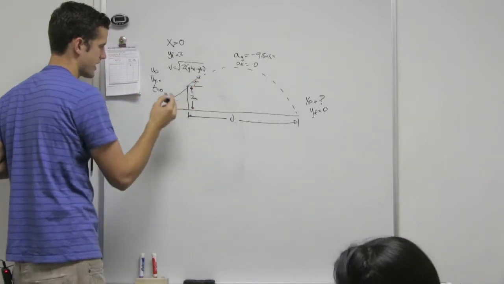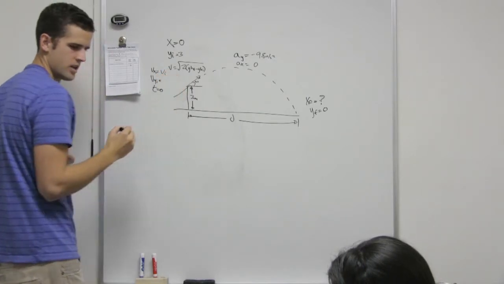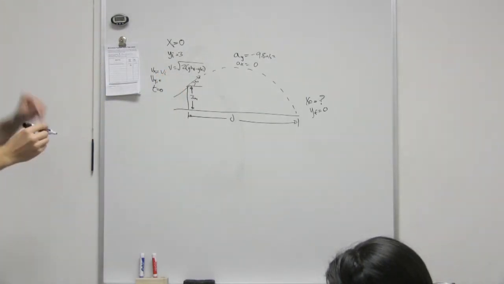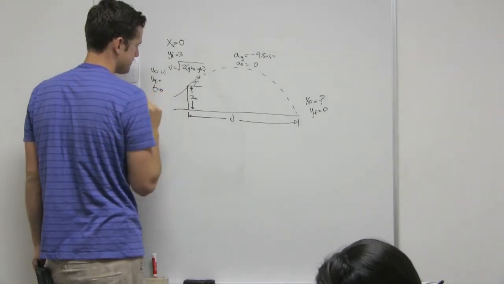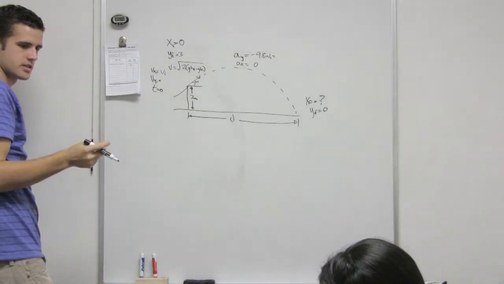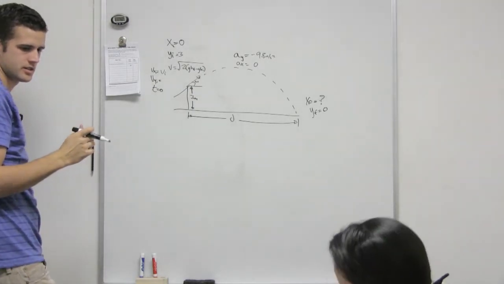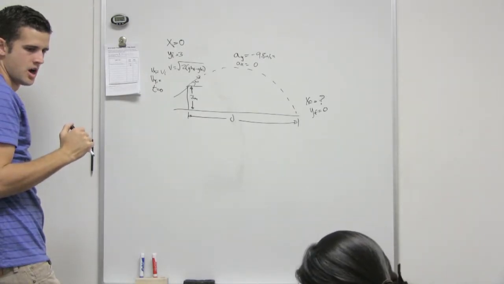So which one do you want to use, sine or cosine? This is our 30 degree. Oh, that's our 30 degree. For y. Oh, did you say y or x? I said both.